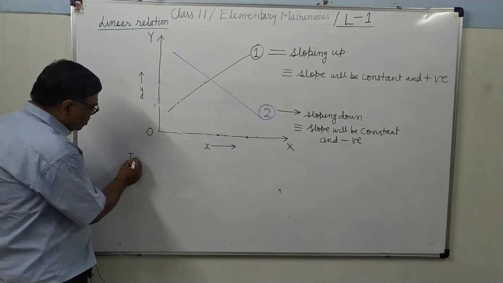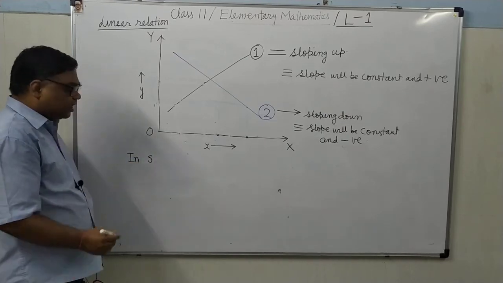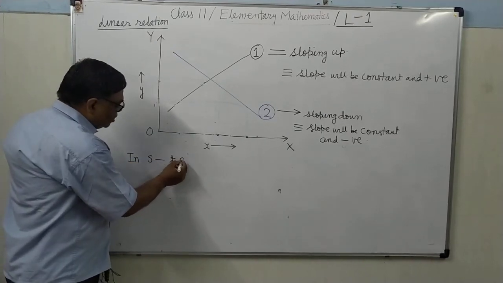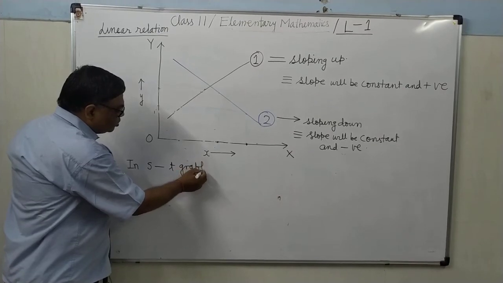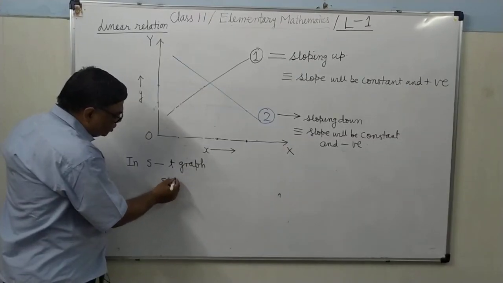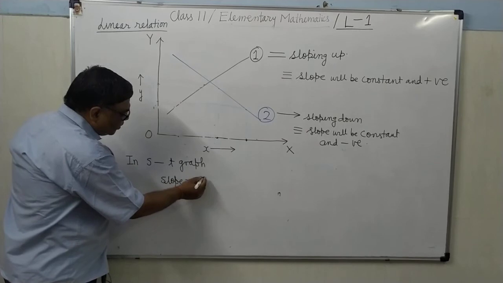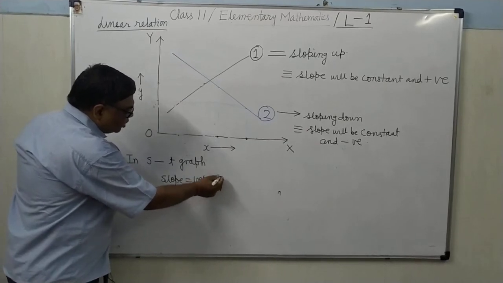In the displacement, symbol S-T graph, slope is velocity. It's clear?